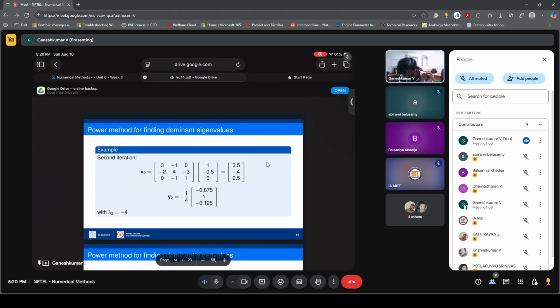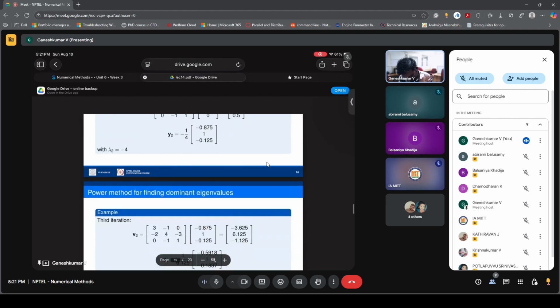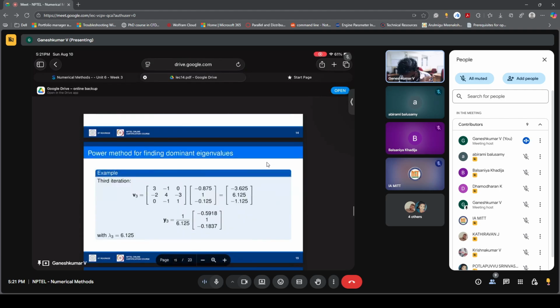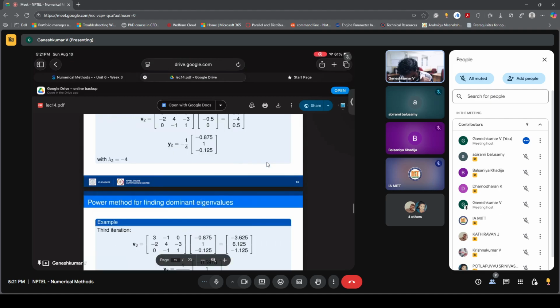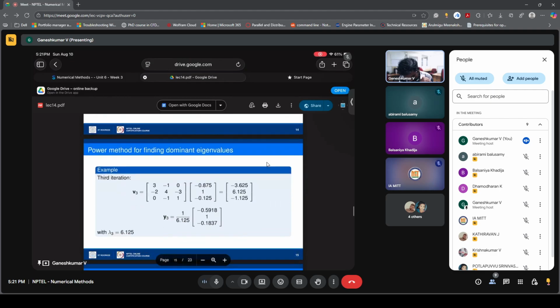In this case, what did the professor do? Here you take the whole minus 4 outside. So then you equate the whole thing in minus 4. And then third iteration, you do this, minus 8.75111.